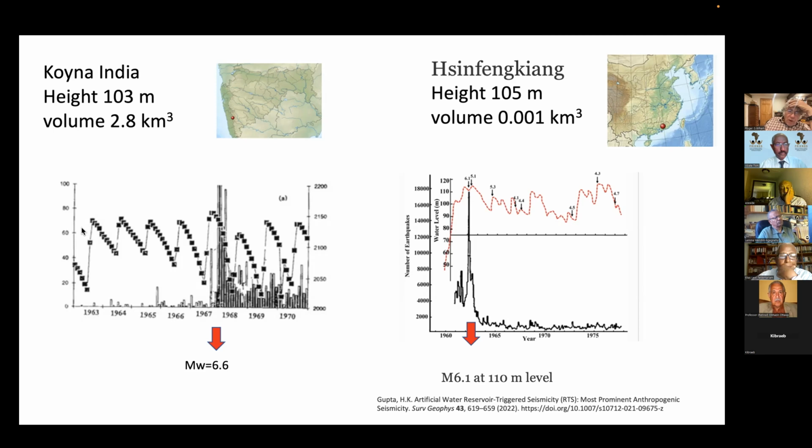So reservoir level reached 80 meters, nothing much. There was small amounts of microseismicity here, but as soon as it got to 80, and the level decreased, the pore pressure was able to induce this magnitude 6.